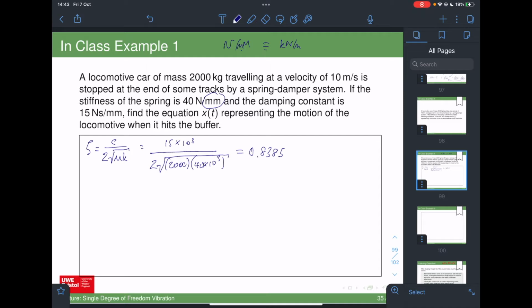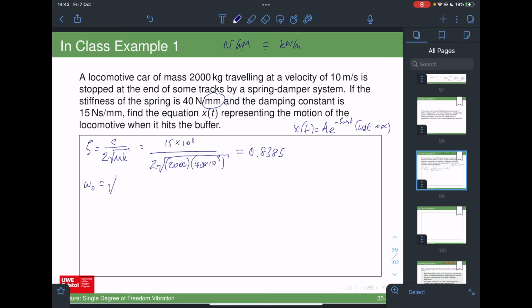This is the equation I need to find: x of t equals A e to the minus zeta omega naught t, cosine of omega d t plus alpha. So the next step is to work out what omega d is, or omega naught.